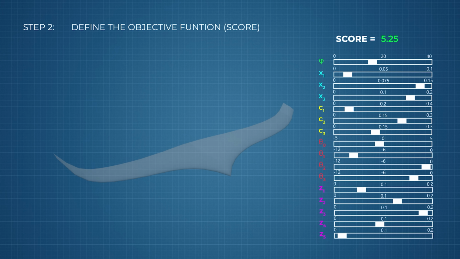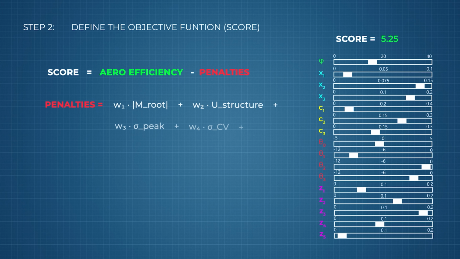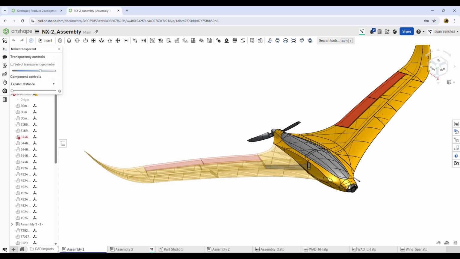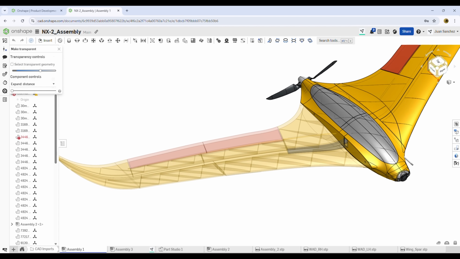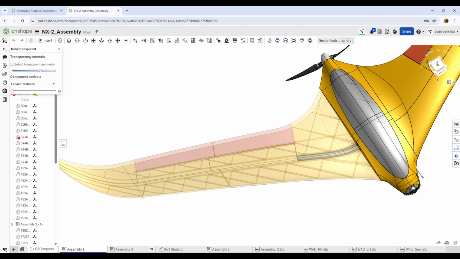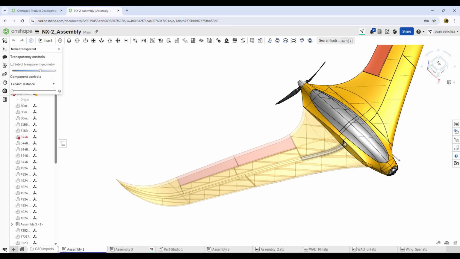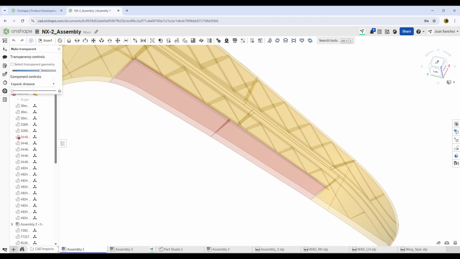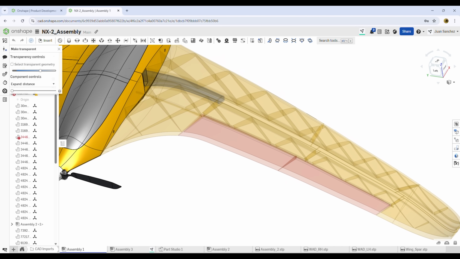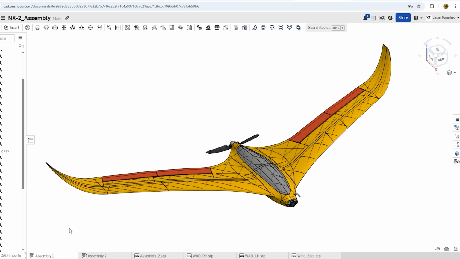This objective function can be simplified as aerodynamic efficiency minus penalties, and it's in those penalty terms where it gets interesting. To include the structural side, we have to remember that a real aircraft wing is a pretty complex structure, usually built from multiple spars running along the span, plus ribs that distribute the loads. But to make the problem solvable, engineers often simplify that complexity into an equivalent model.